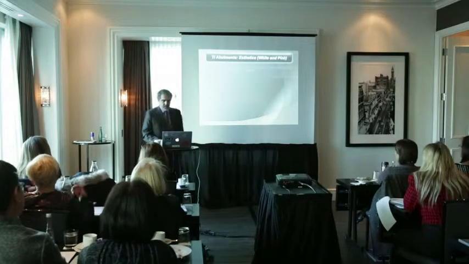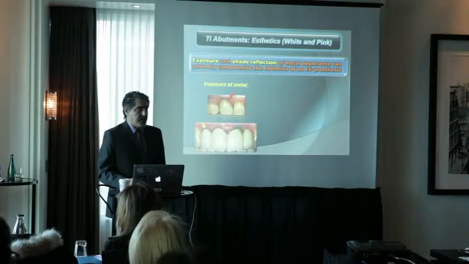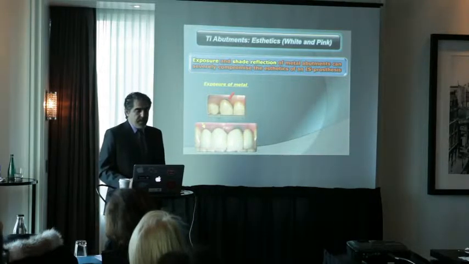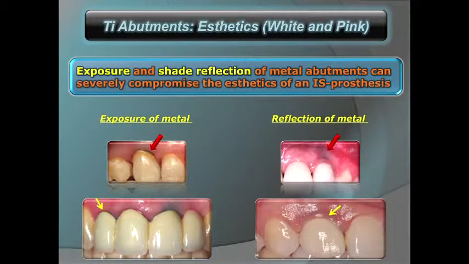Okay, so let's go to the next part, which is the abutment, the show-through phenomenon. In many cases, we have to accept that the titanium abutments can cause a lot of problems, either after the shrinkage of the tissue and bone, then you're going to have the exposure of metal, or sometimes it's just a reflection of the metal, as you can see here, which is the show-through phenomenon.